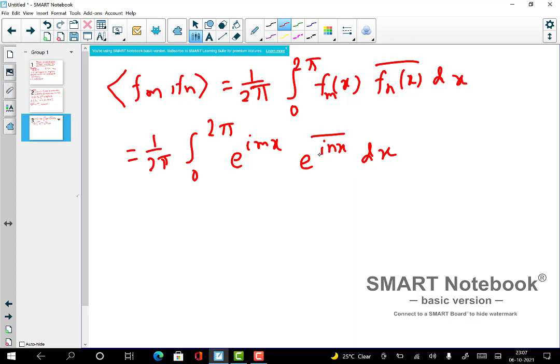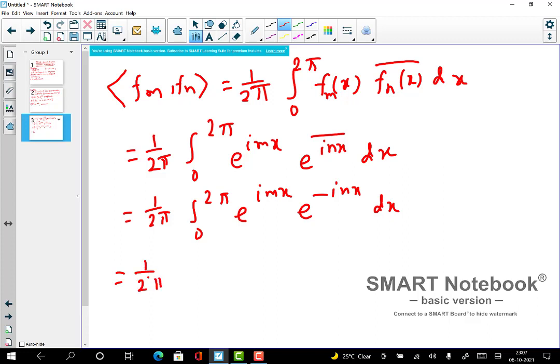Now the complex conjugate of e power i n x is e power minus i n x, so this gives you 1 by 2 pi integral from 0 to 2 pi of e power i m x into e power minus i n x dx, which equals 1 by 2 pi integral from 0 to 2 pi of e power i (m minus n) x dx.